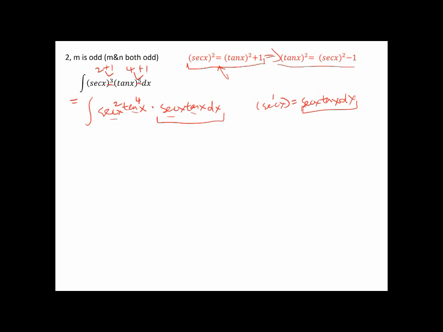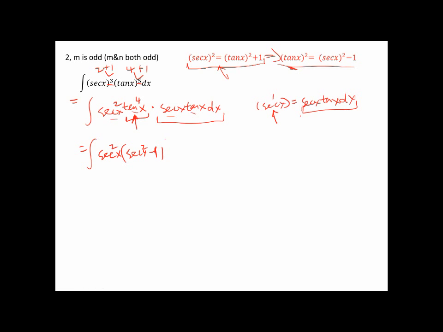What I need to do is rewrite everything into secant so that I can use substitution. Here, tangent to the fourth is tangent squared squared, and tangent squared equals secant x squared minus 1.